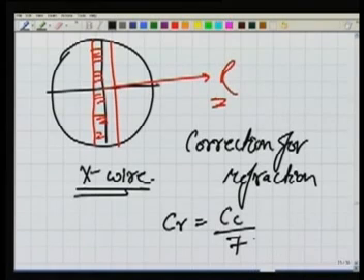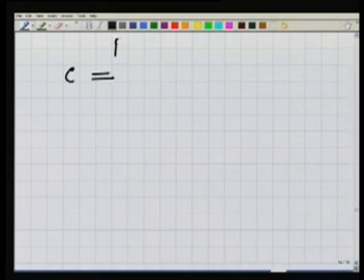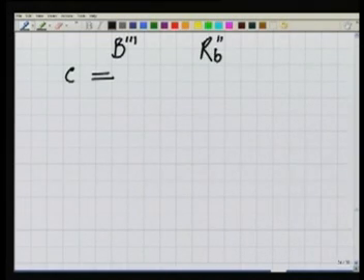That we write as CR, that is correction due to curvature divided by 7. You can determine that. Now, the total correction C in my observation, because what we are observing at B triple dash, how much should I apply? What I am observing at B triple dash is, let us say, RB triple dash. I should apply some correction to this. This correction will now be CC minus CR.